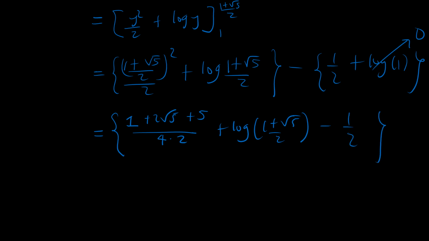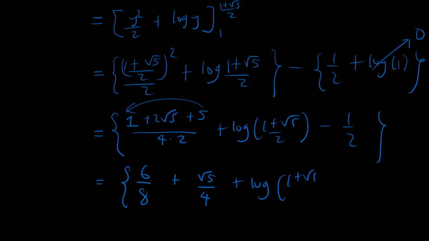Okay, so this plus this becomes 6. 6 divided by 8, so we have 6 divided by 8 plus root 5 over 4 plus log of 1 plus root 5 all over 2 minus a half.